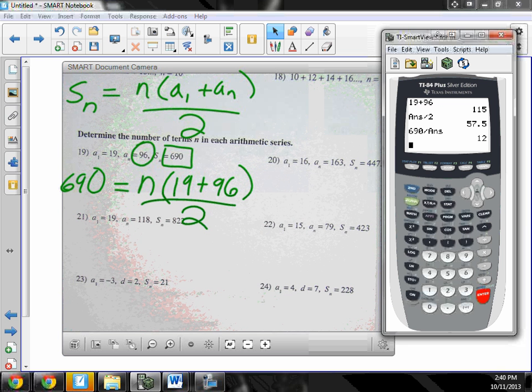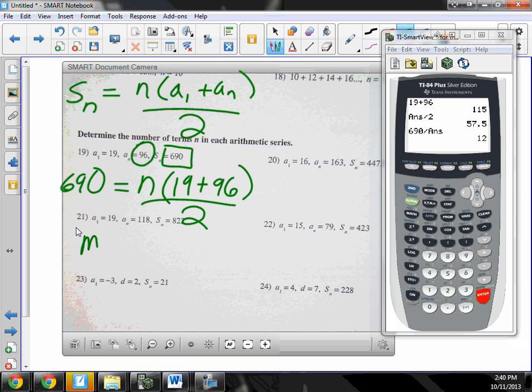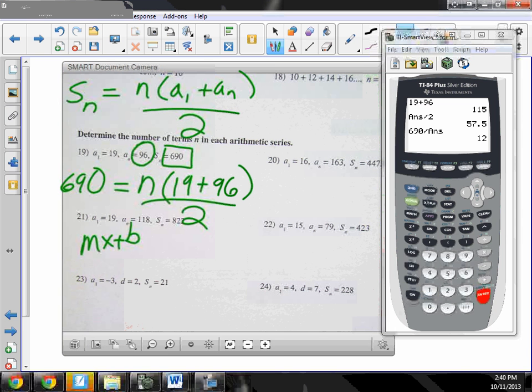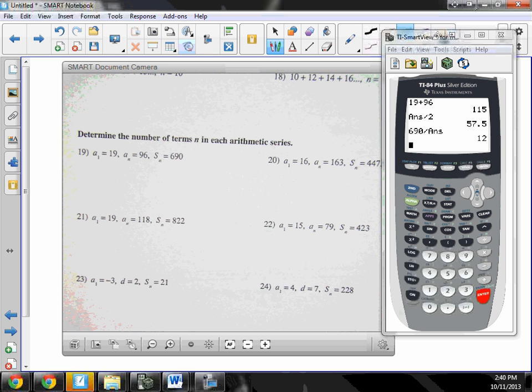D is not n, it's the common difference. So in our equation, mx plus b, that is m, meaning we're going up by 2 every time. I'll help you. So I know my first term is negative 3. I know my common difference is 2, and I know that my summation is 21.